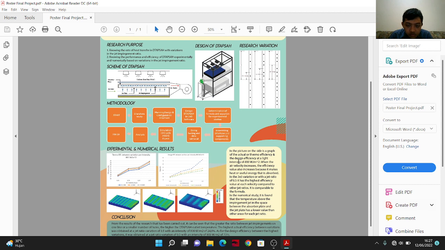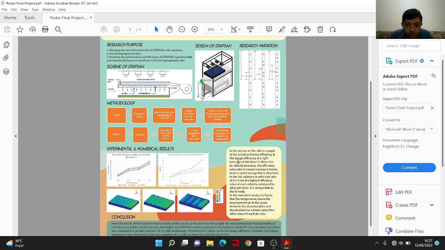In the picture on this side is a graph of the actual or thermal efficiency and the design efficiency at a light intensity of 800 watt per square meter.